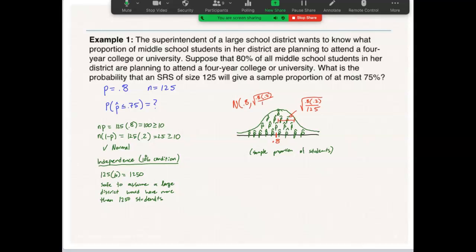I should be able to make a computation for what they're asking me. What's the probability that p hat is less than or equal to 0.75? So 0.75 is going to be somewhere to the left of 0.8. I'm basically looking for this area. Do you guys remember the function in your calculator that lets you find area on an interval under a normal distribution?